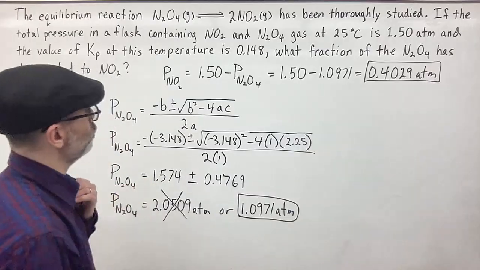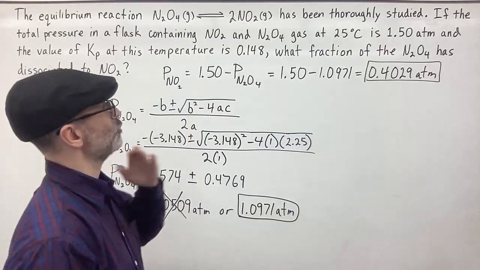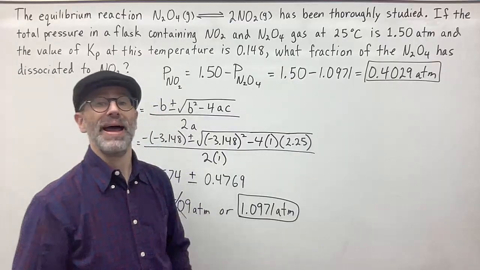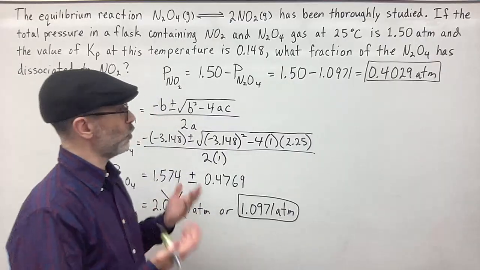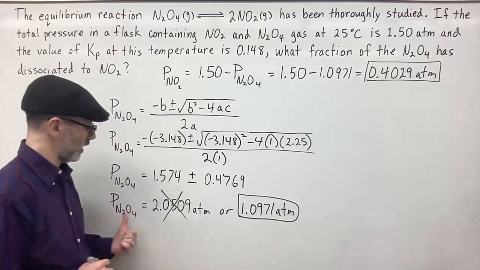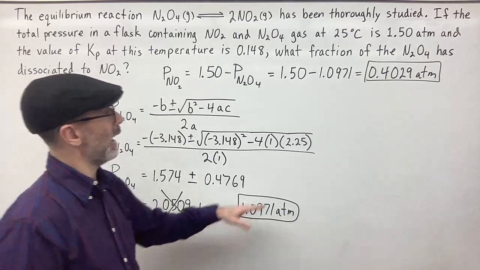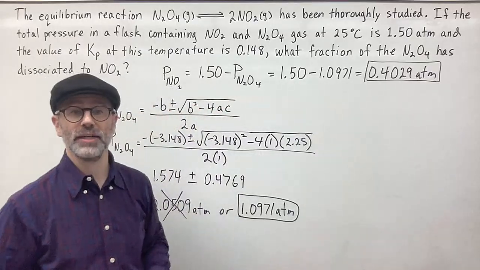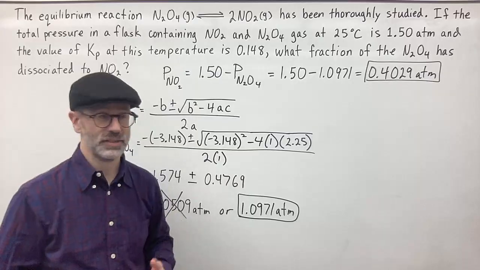Now, let's not lose sight of what we're trying to find. We're trying to find what fraction of the N2O4 has dissociated. So far, what we've calculated is the partial pressure of both the N2O4 and the NO2 at equilibrium. We haven't found the fraction yet.